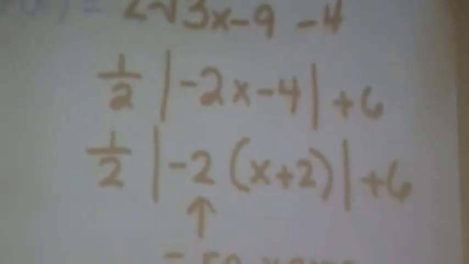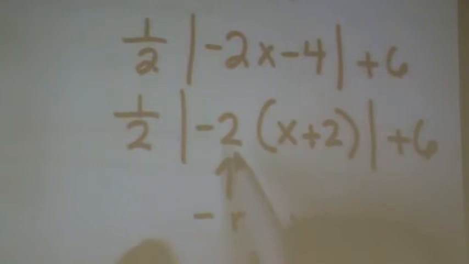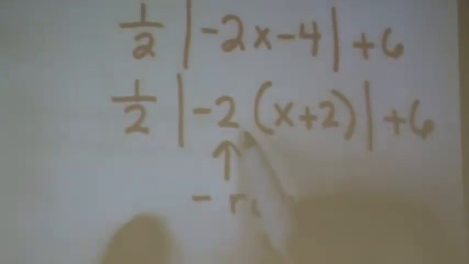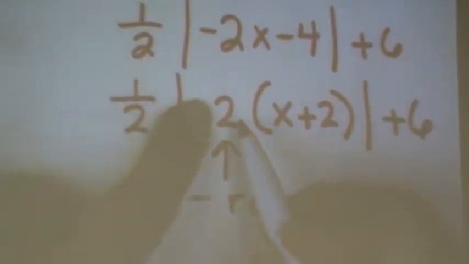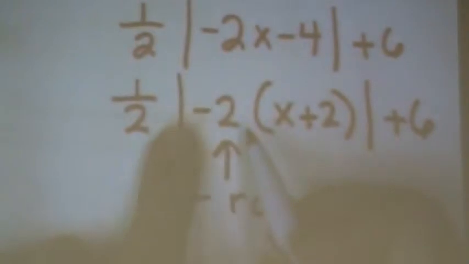So what you do here is you flip this number. I'm not talking about the negative, I'm talking about the 2. You will flip this. A is going to be flipped.